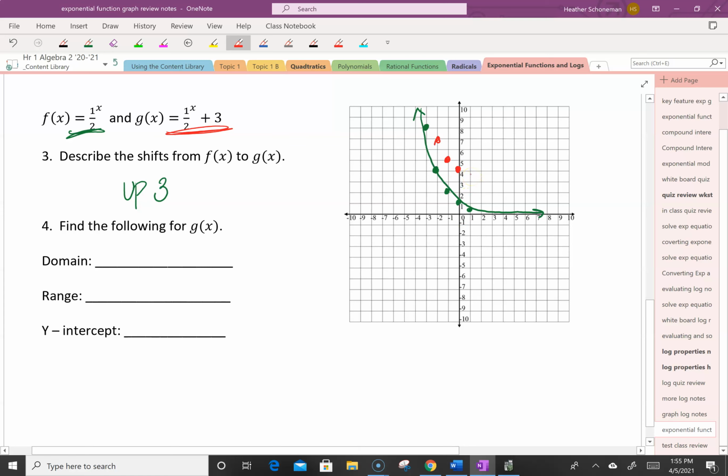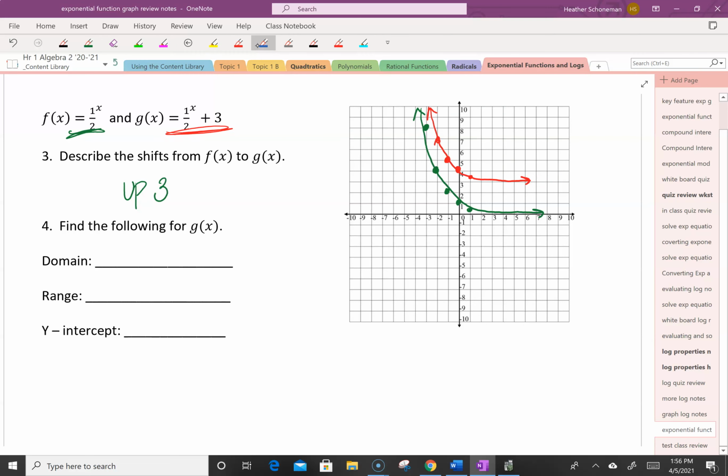Well, 6/2 is 3, so 7/2 has to be a little above 3, so it's going to be in here. Whoops, that was not a very straight line. Try that again. It looks like this. So it's approaching this line here at 3, but it's not actually touching that line.